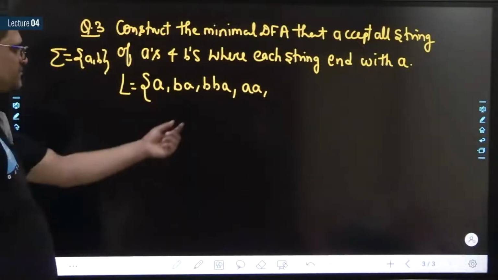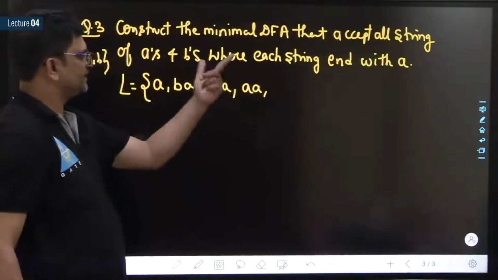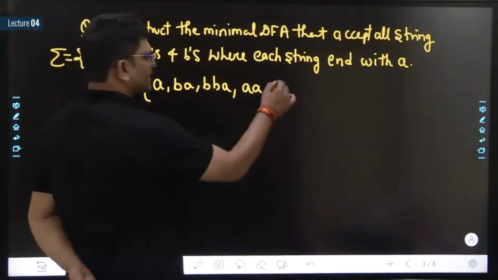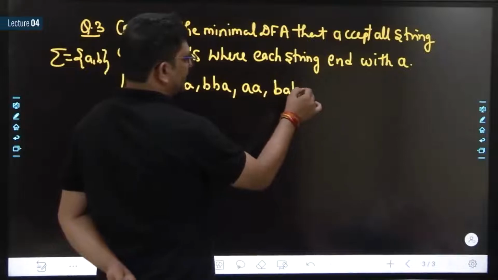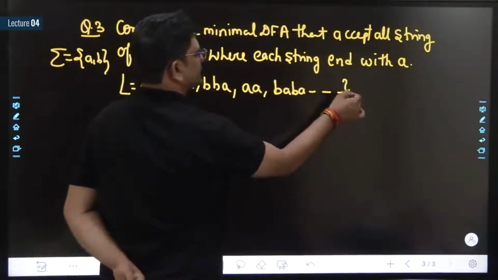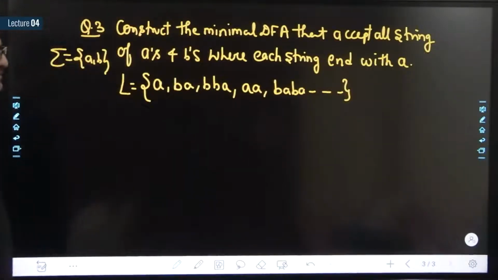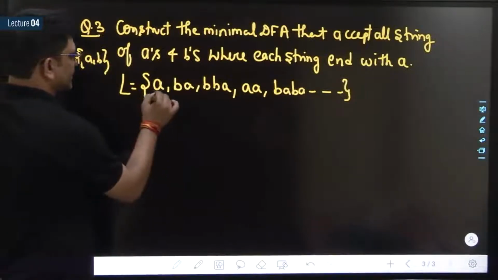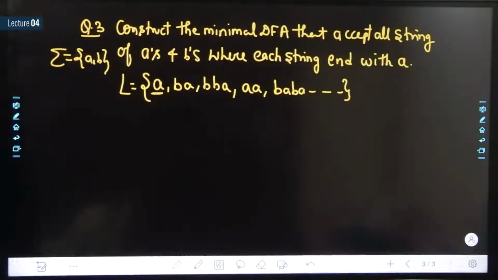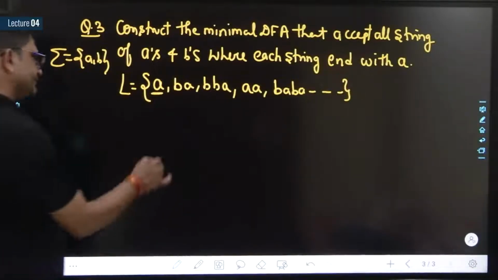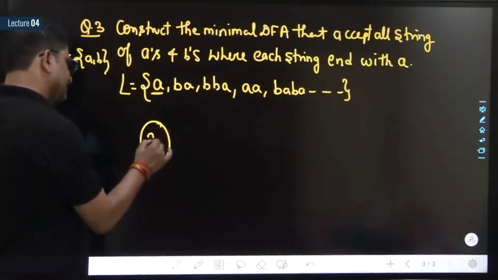Yes, this is also accepted because it ends with A. And many more. What is the minimum string? The minimum string is A. Now construct the skeleton for A. This is the initial state.